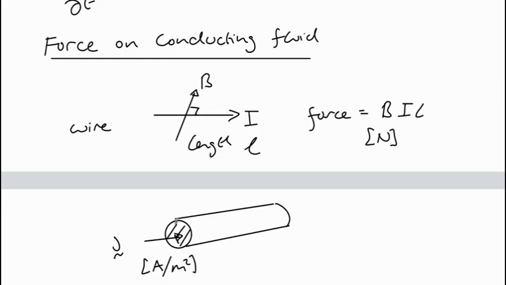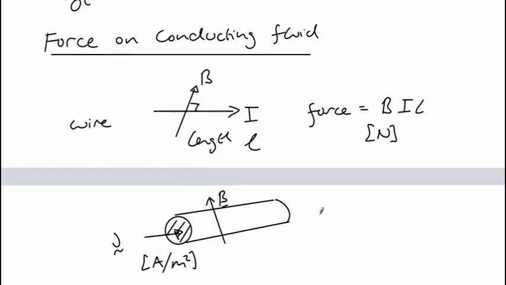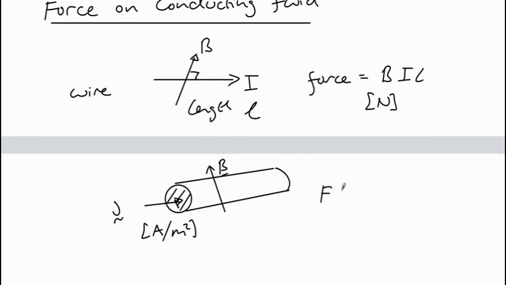Each square meter of cross section carries J amps. It's like a wire sitting in a magnetic field, so if you have a magnetic field across this fluid, then the force is just J cross B. The units are amps per square meter times tesla, which gives newtons per cubic meter.